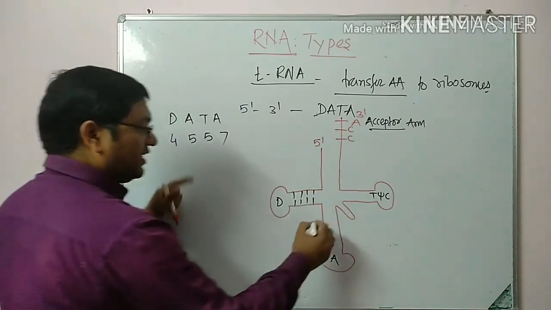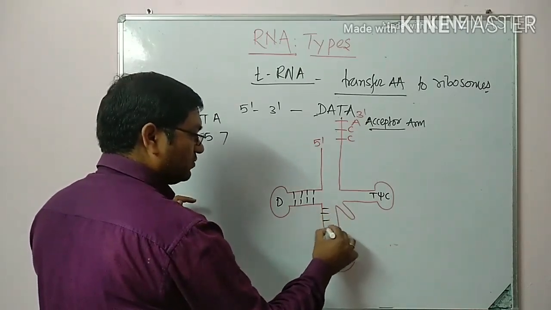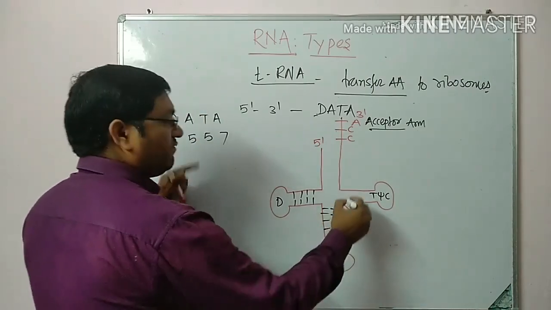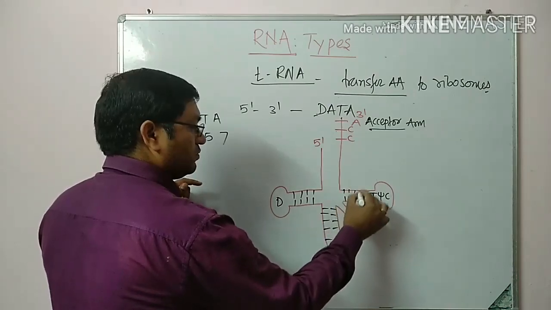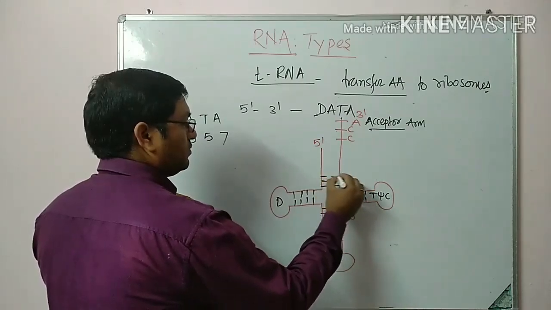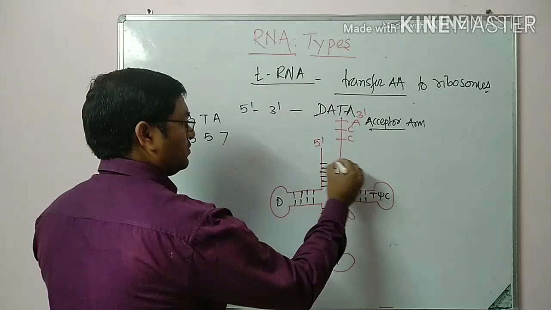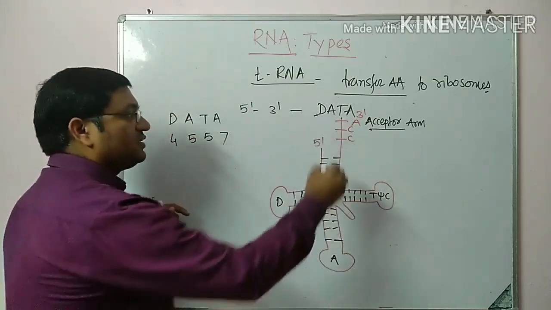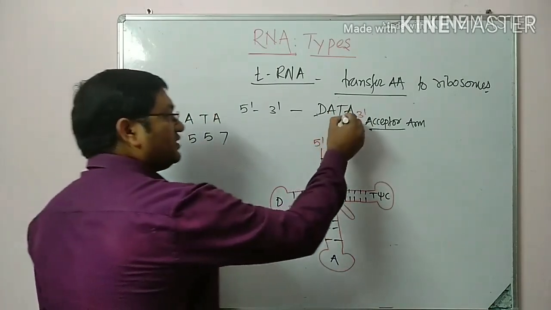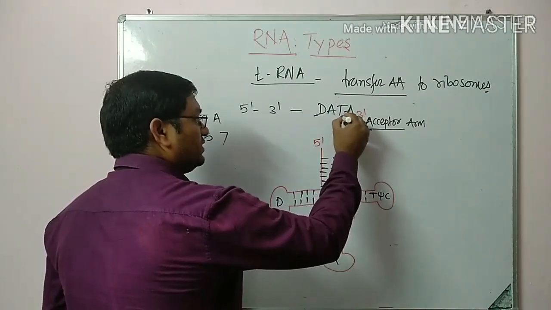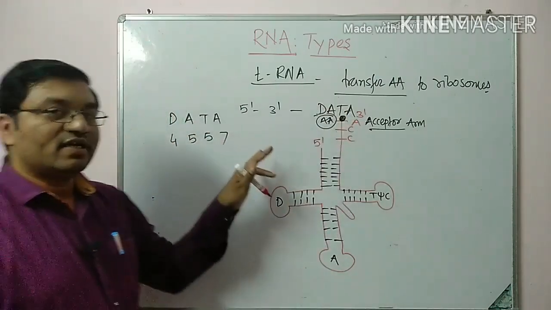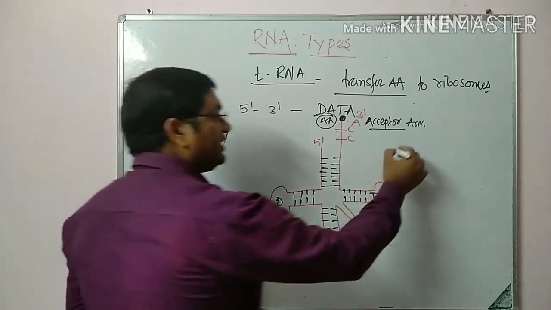Then this anticodon arm has 5 to 7. And this is the uncomplementary region, that is CCA. At this end there is attachment of amino acid, and on the basis of the attached amino acid, tRNAs are classified into 20 types.